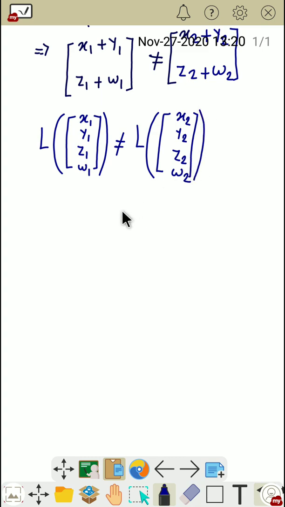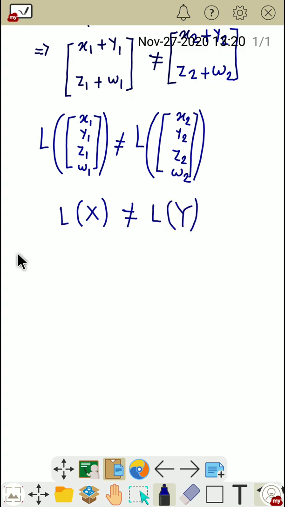So this left hand side is L operating on vector x, and this is not equal to L operating on vector y.